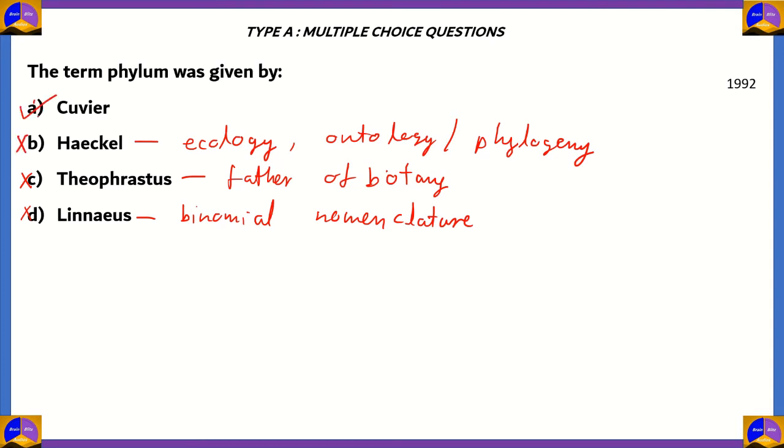The correct answer is option A, Cuvier. The scientist Cuvier was the person who first coined the term phylum, and phylum is defined as a collection of related classes with some general characters. So therefore option A is the correct option for this question, again asked in 1992.